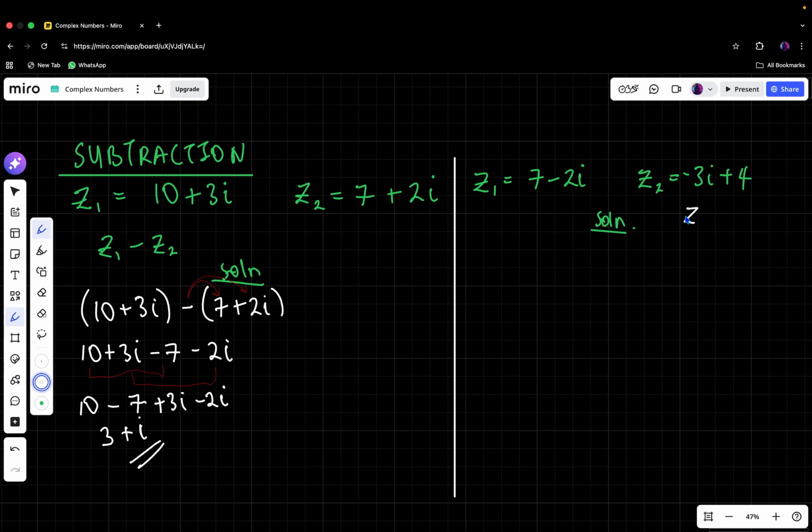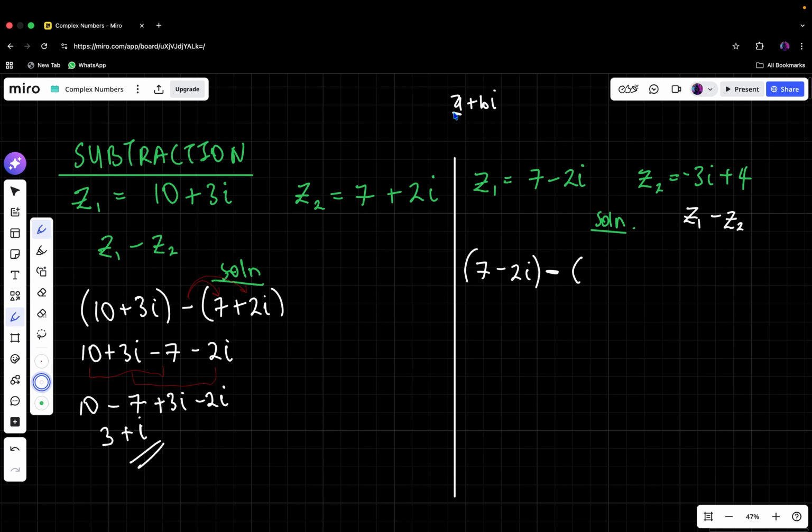Remember they said z1 minus z2. Now what is z1? z1 is simply 7 minus 2i. And z2 is what? Remember the operation here is negative. Actually, let's not do it like that. Remember, in a complex number, it is a plus bi.